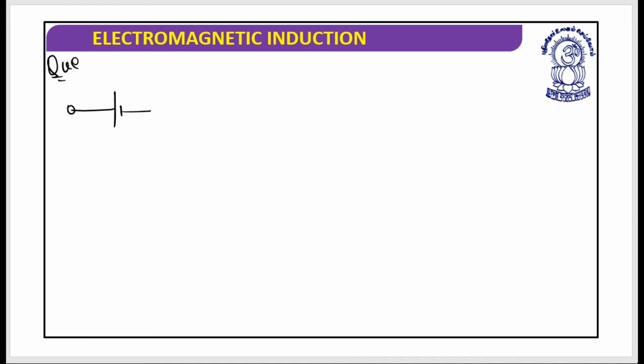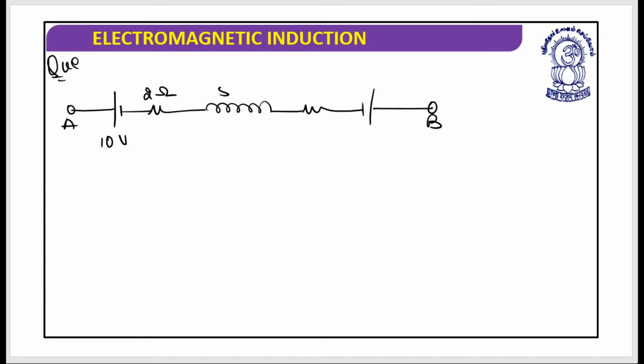Let's suppose a battery is there, a resistance is there, an inductor is there, again a resistor and a battery, something like this. This is A, this is B. Let's say this is 10 volt, this is 2 ohm, and the inductor's value is 3 millihenry, with di by dt of 4 into 10 to the power 3 ampere per second.